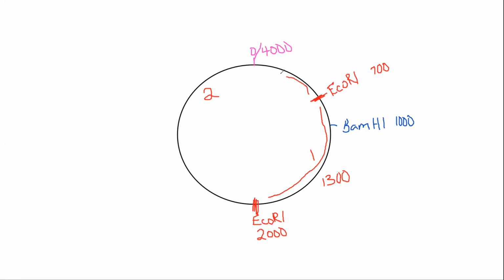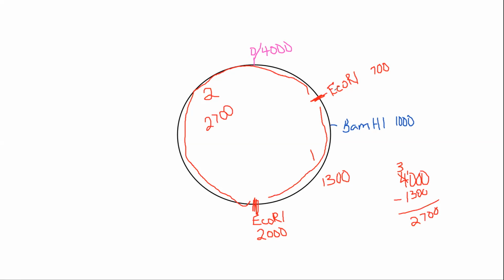That means everything else that is left over here, and you can write it out longhand if you want, 4,000, and you know 1,300 is already used by this piece. Subtract it, and you get 2,700 for this big piece of DNA on the backside.